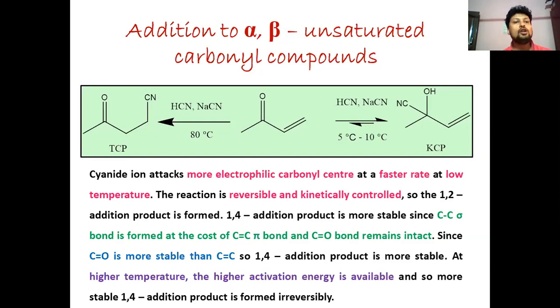And we all know that C=O is more stable than C=C. Hence, the 1,4 addition product is more stable. So since this TCP product involves a transition state having higher activation energy, at higher temperature, when that activation energy is available, obviously we will get the most stable product, that is the 1,4 addition product.